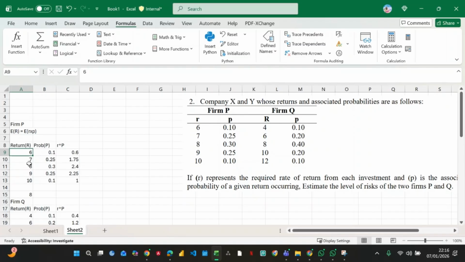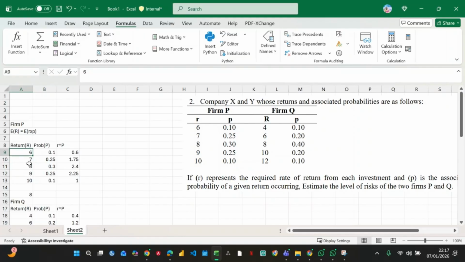And that 6%, what is the probability that I will get that money? Probability cannot be more than 1, it cannot be 1 point something. So I have a 0.1 chance of getting back 6 naira.